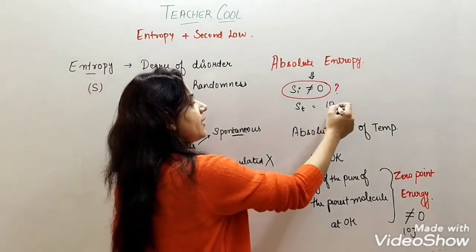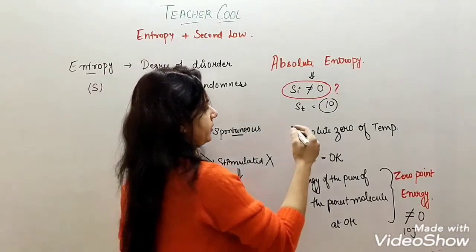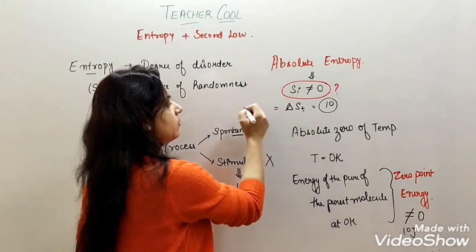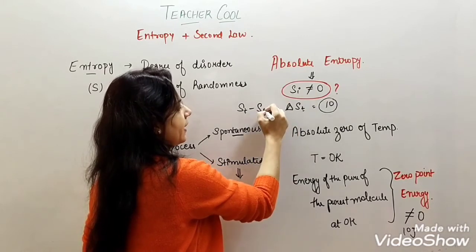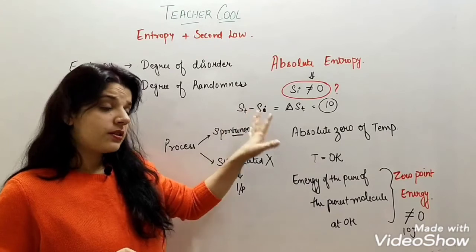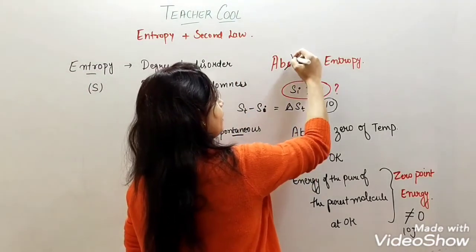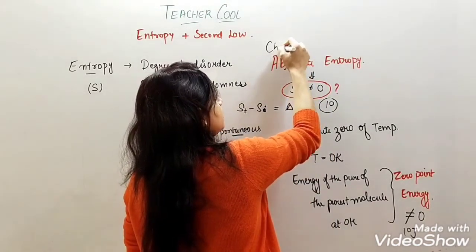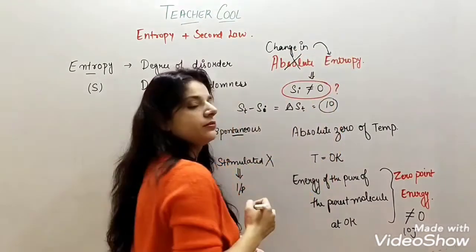Therefore, this ST will basically denote the change in entropy, that is delta S, which will be equal to ST minus SI, which as a result states that there is no concept of absolute entropy, but it is the change in entropy.